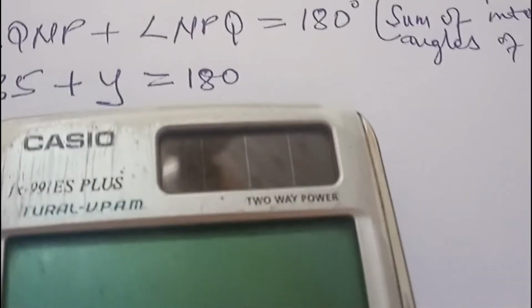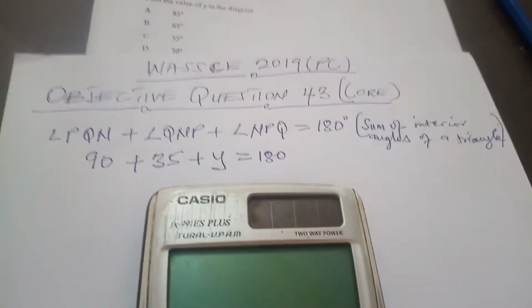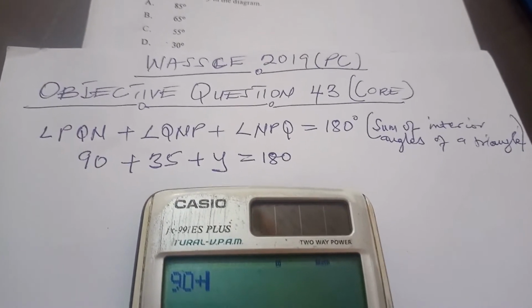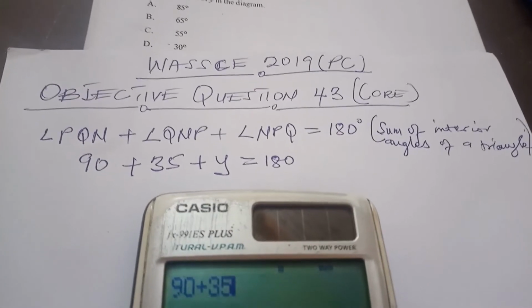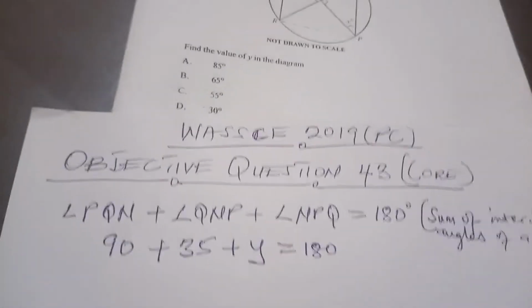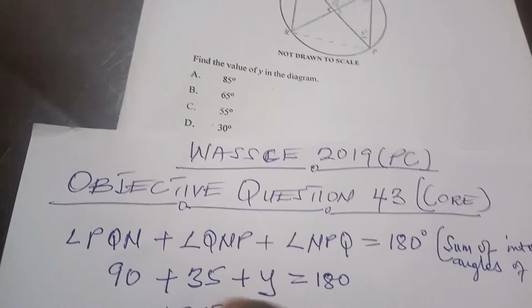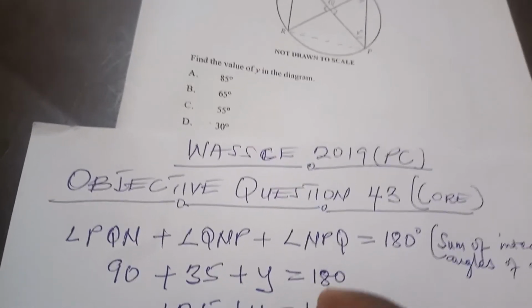So we do the addition. So 90 plus 35, that is 125. So 125 plus Y equals 180.